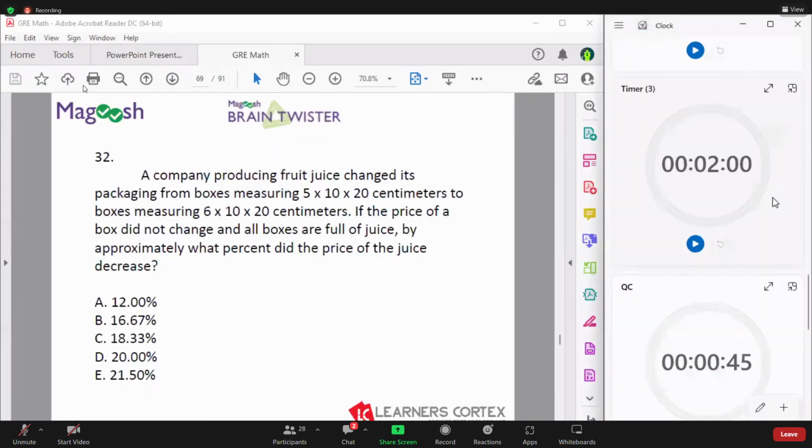A company producing fruit juice changed its packaging from boxes measuring 5 times 10 times 20 centimeters to boxes measuring 6 times 10 times 20 centimeters. The price of the box did not change, and all the boxes are full of juice. By approximately what percent did the price of the juice decrease?